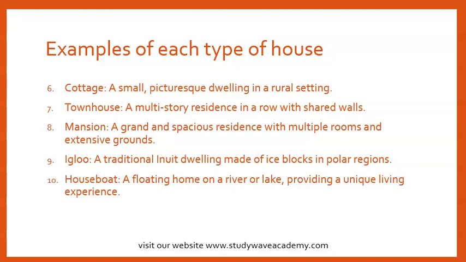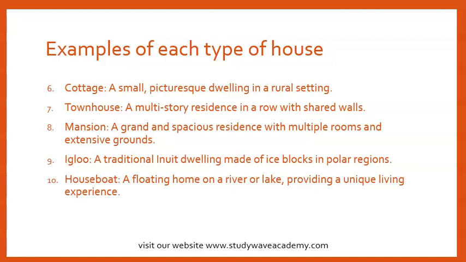It's a house made of ice in very cold places. Houseboat, a floating home on a river or lake, providing a unique living experience. Houseboat, a home that floats on the water like a boat. So these are examples of each type of house we mentioned.